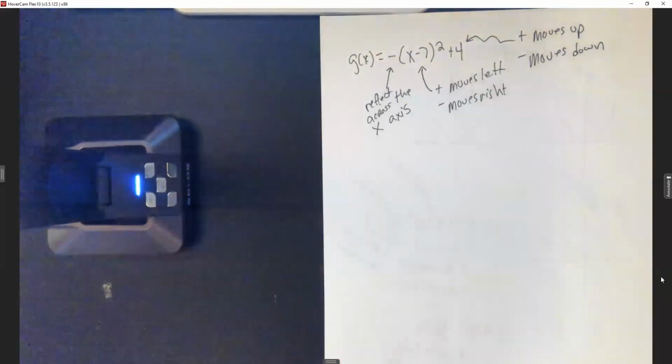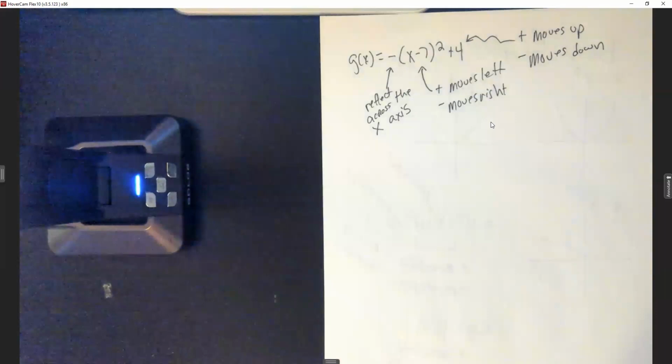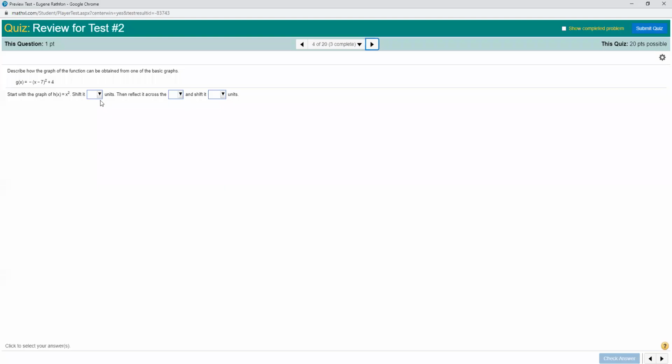So we're going to go put all that in. And then I'm sure they'll make me graph this one. So start with the x squared graph. Shift it. So they're messing with the 7 first. So we said we went right 7, which would be my third choice there. Then reflect it across the x-axis.